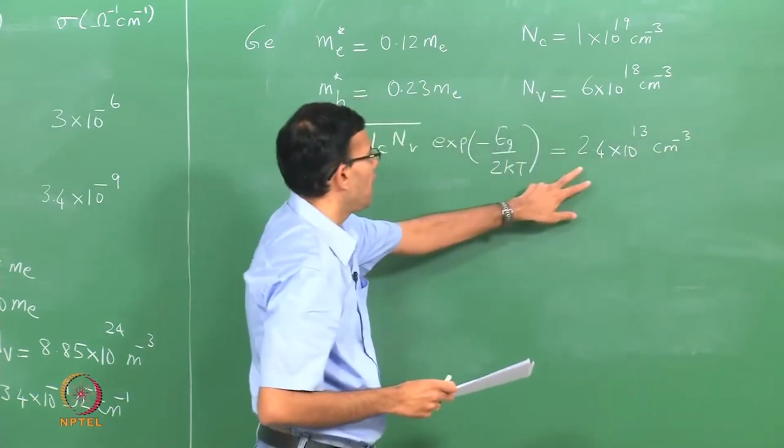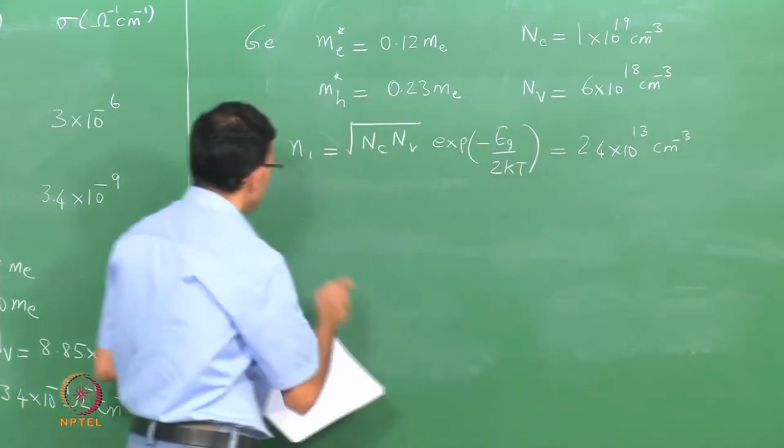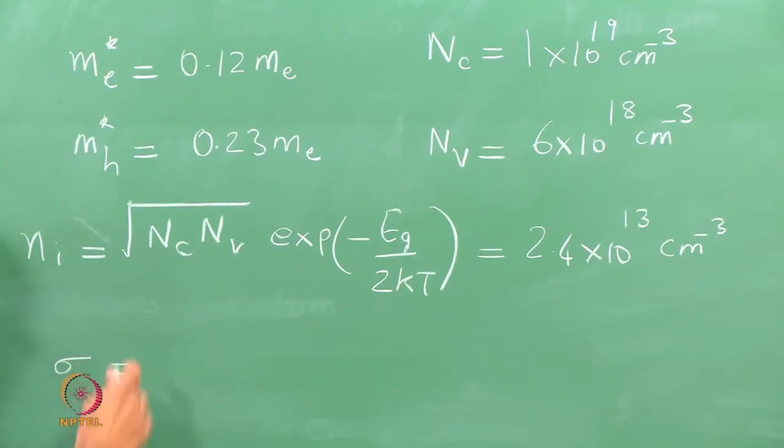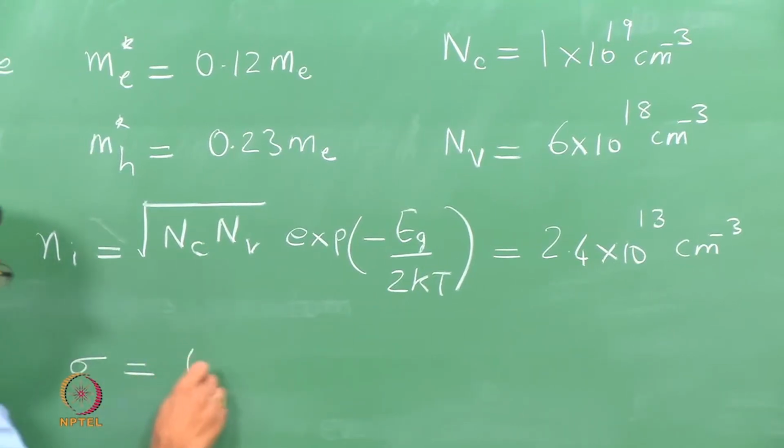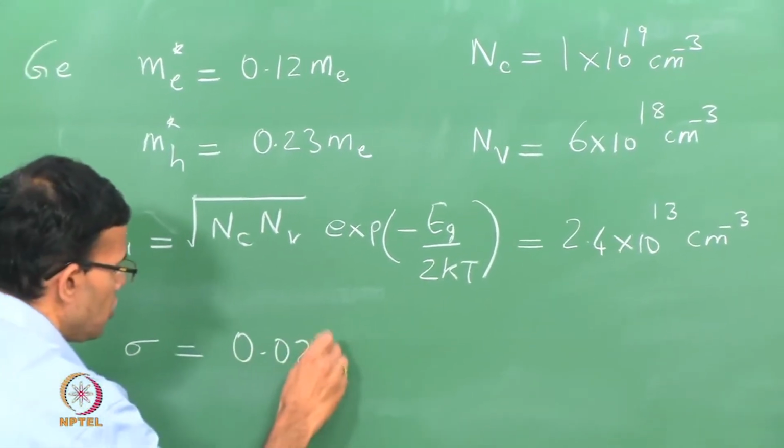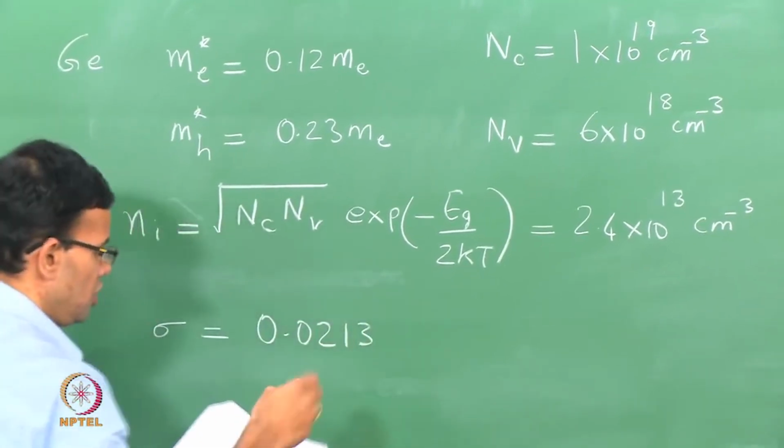So, Ni is higher in the case of germanium. Similarly, you can calculate the conductivity. The conductivity works out to be 0.0213.